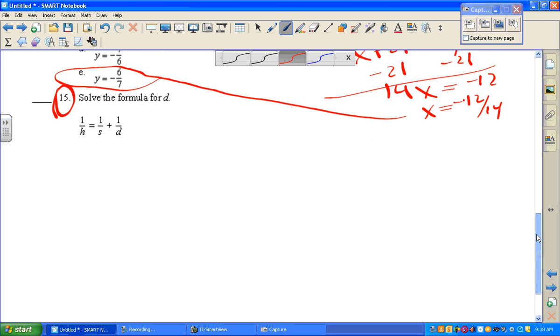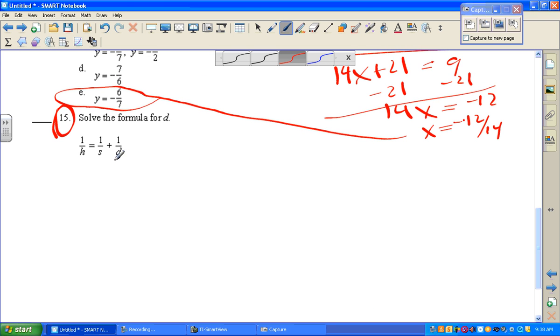That's why Courtney's going to answer the question. Solve for D. You're smart, Courtney. Sure, we can do that. Multiply this one by S over S, this one by H over H, and this one by D over D. Isn't the common denominator all three multiplied together?